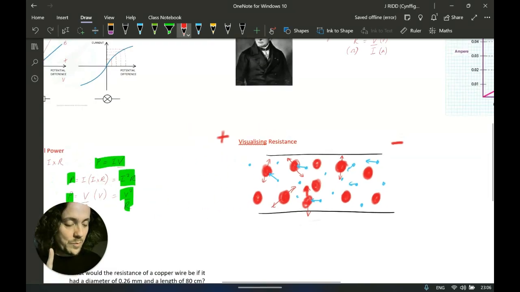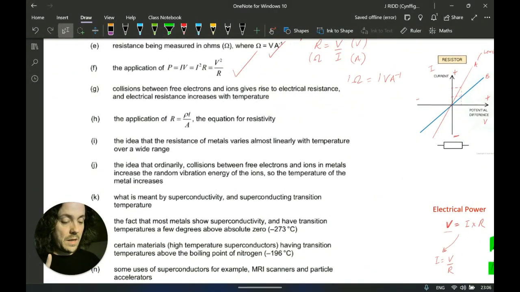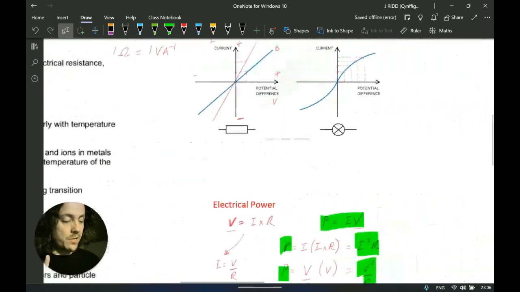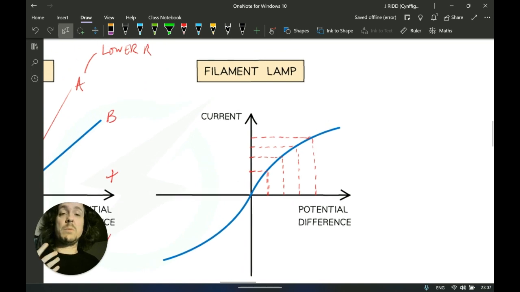Now, with all this in mind, it's worth popping back to our filament lamp, because we can use this to explain what's going on here. As we increase the potential difference and more current flows, we get more collisions between electrons and the material ions, and therefore the temperature of the metallic conductor will start to increase as those atoms start to vibrate.